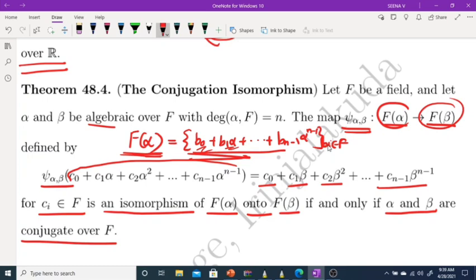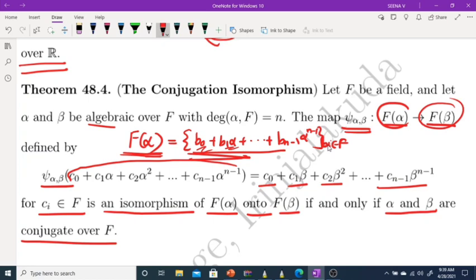Then the map psi alpha beta from F(alpha) to F(beta), defined by psi alpha beta of c0 plus c1 alpha plus c2 alpha squared plus etc plus c(n-1) alpha raised to n minus 1, is equal to c0 plus c1 beta plus c2 beta squared plus etc plus c(n-1) beta raised to n minus 1, with ci belonging to F, and that is an isomorphism of F(alpha) onto F(beta) if and only if alpha and beta are conjugate over F. Hope the statement is clear.